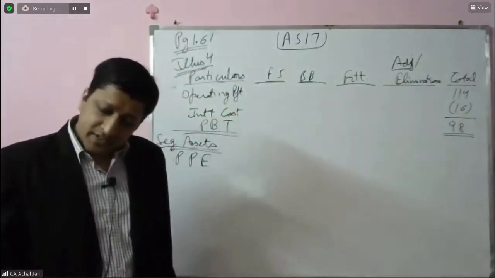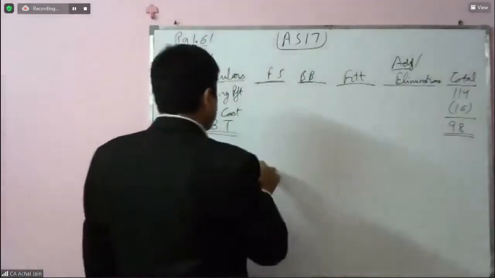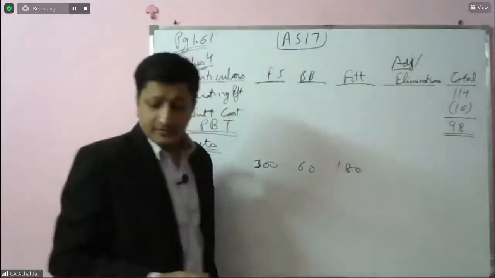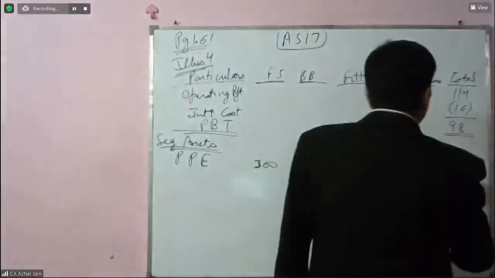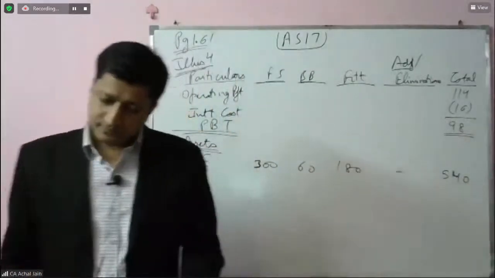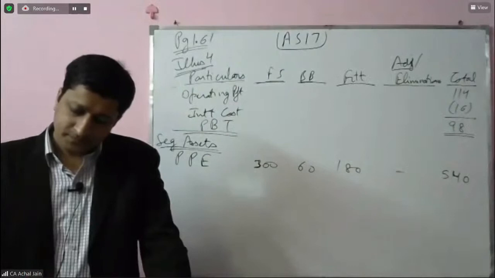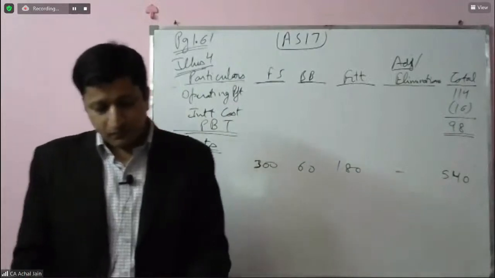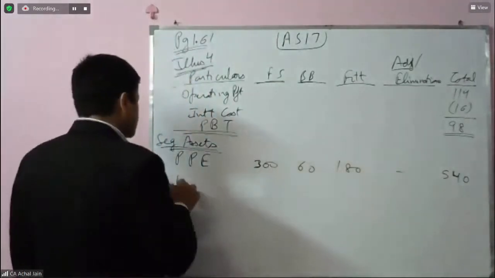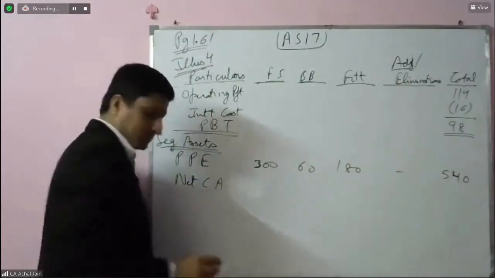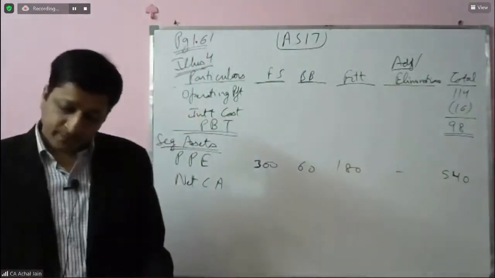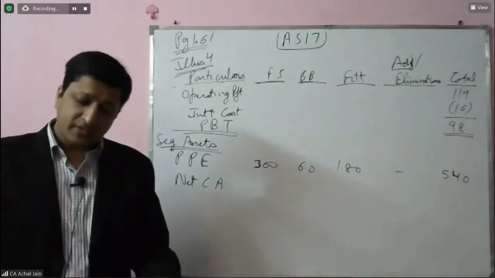It's 360, 180. And this is 540. Then the next information is about net current assets. Net current assets 118, 16, 135.